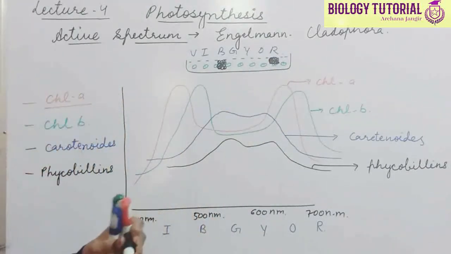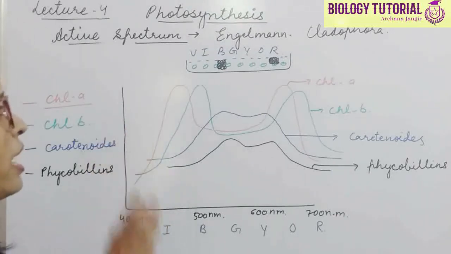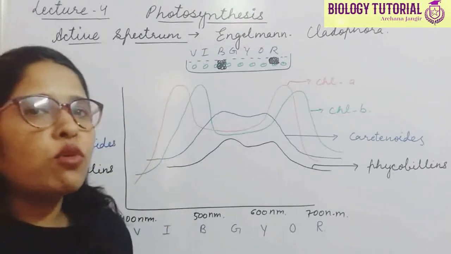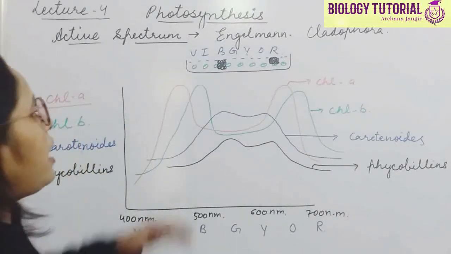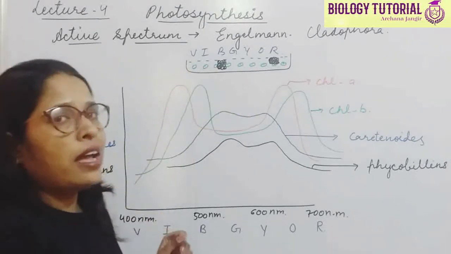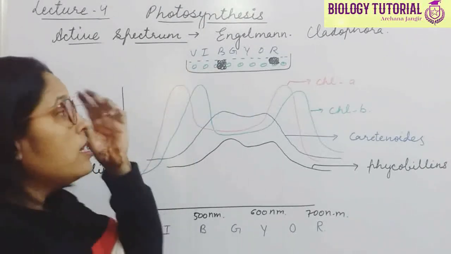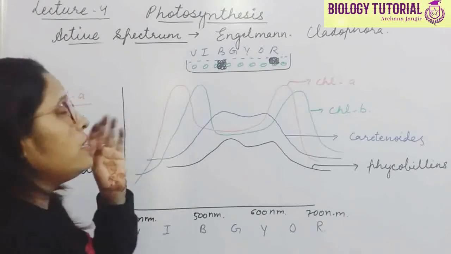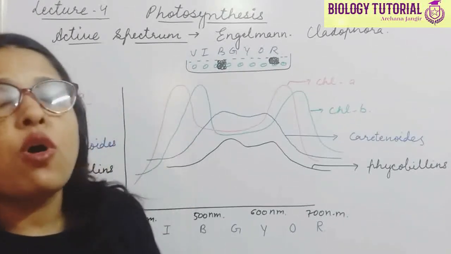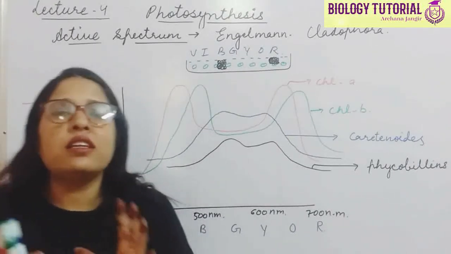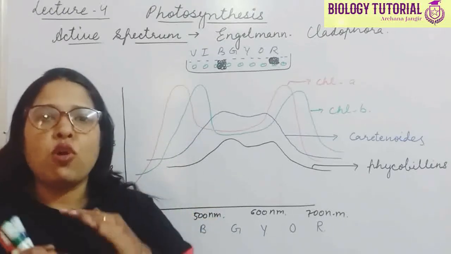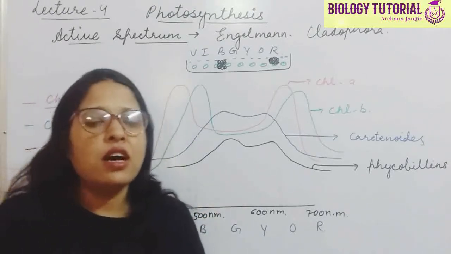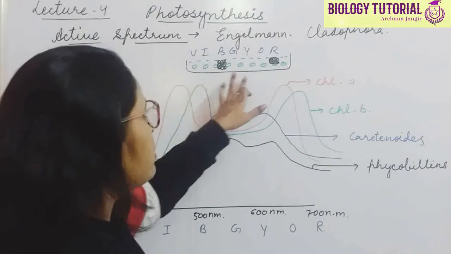It means we know that the green alga is going to perform photosynthesis, and at blue light and red light, some bubbles are seen. These bubbles are of oxygen gas. We know that in photosynthesis, oxygen is liberated as a byproduct.